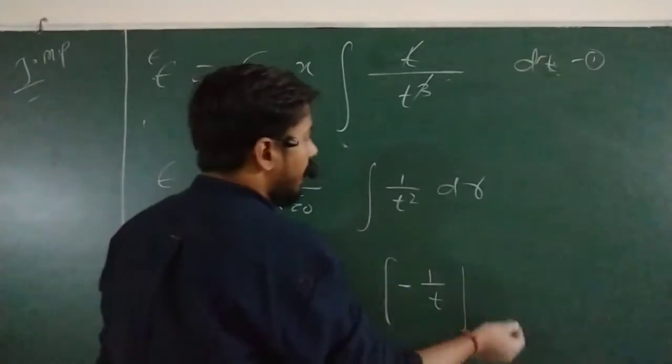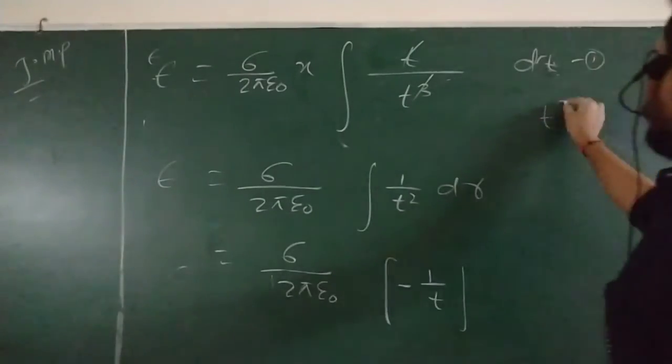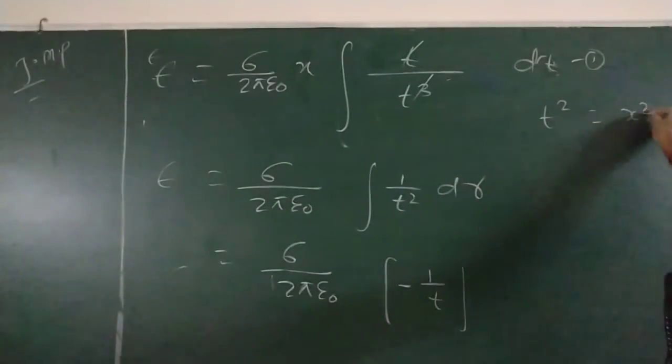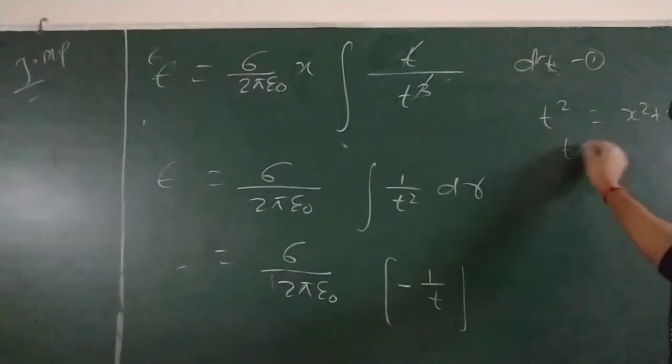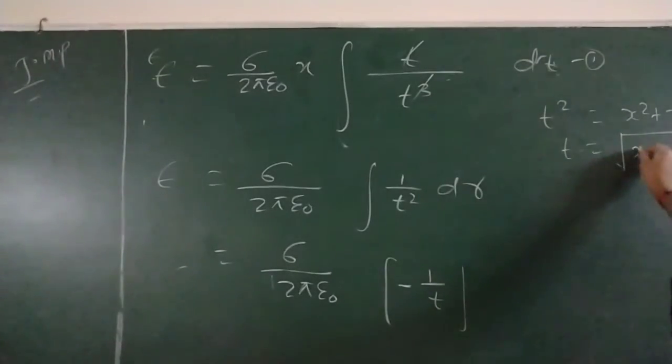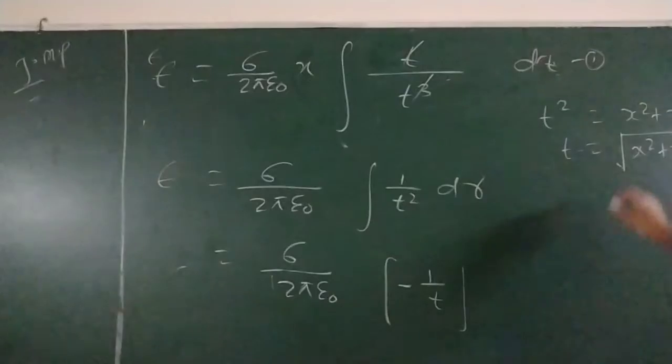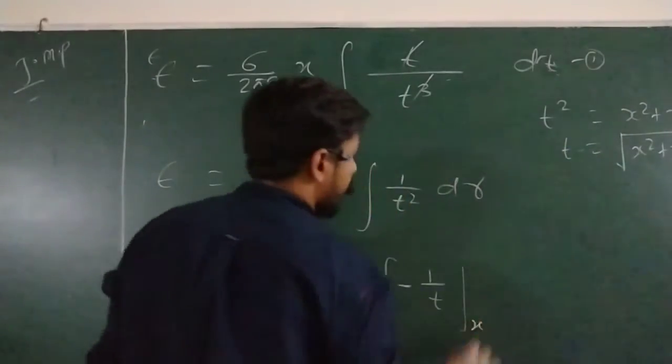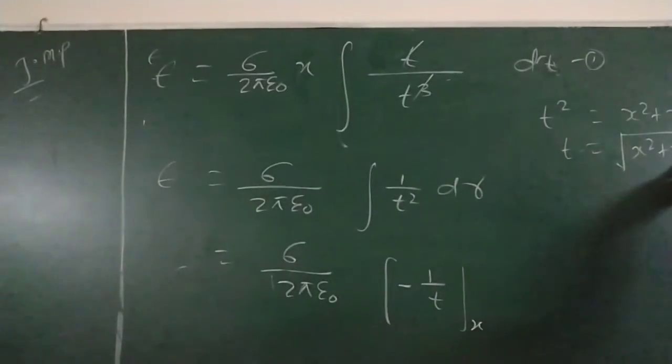And its limit you can take because t square is equal to x square plus r square, so t is under root x square plus r square. What is the value of r here? When r is 0, t is x. And what is the maximum value of r?